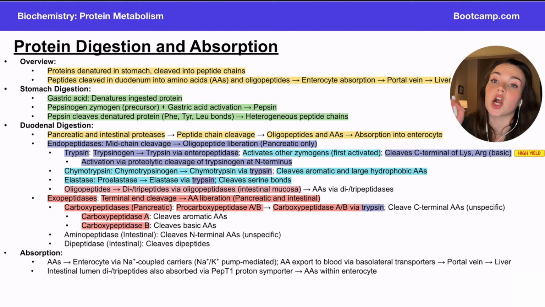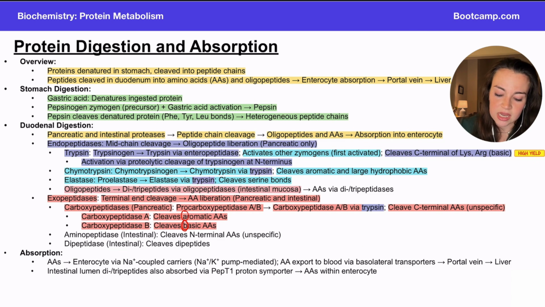And the job of the carboxypeptidases was to cleave the amino acids at the C-terminal of the chain. Like I said, there's carboxypeptidase A and carboxypeptidase B. Super easy to remember. Carboxypeptidase A cleaves aromatic amino acids. Carboxypeptidase B cleaves basic amino acids. Either way, they're both operating at that C-terminal.